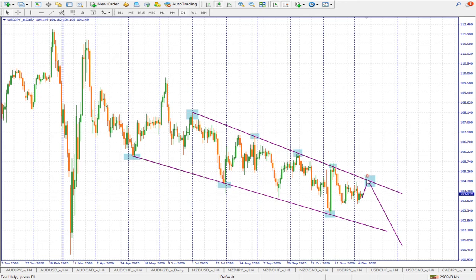When the price gets to this point, you pick a sell. When the price gets to the lower trend line, you pick a buy. When the price comes back again to the upper trend line, you pick a sell, until the day that the price closes above this point and you begin to see sustenance above the upper trend line. That's when this trend line becomes invalid. Does that make sense as of now?